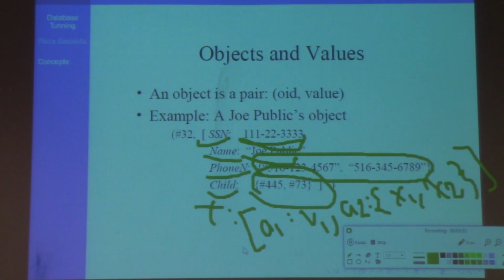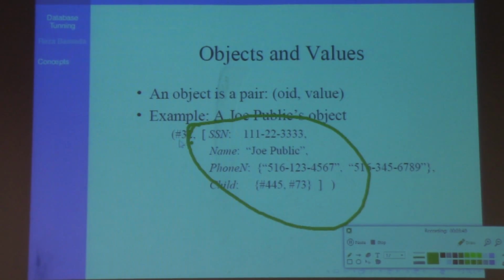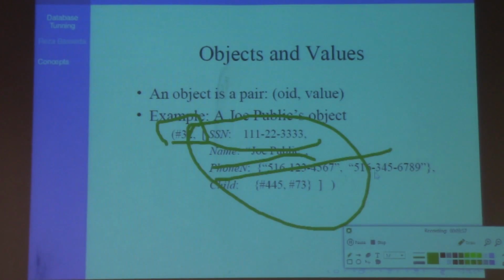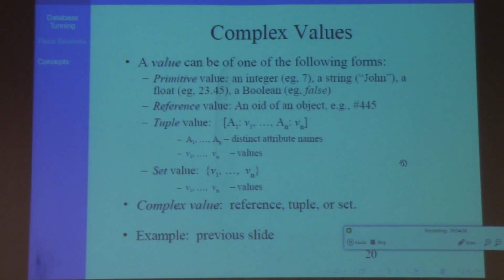Yes. This is the name of the attribute. This is the type of the attribute. What kind of attribute is it? Tuple. It also has pairs. So then the whole thing for object number 32, the value of object number 32, is a tuple consisting of these pairs of name-values.